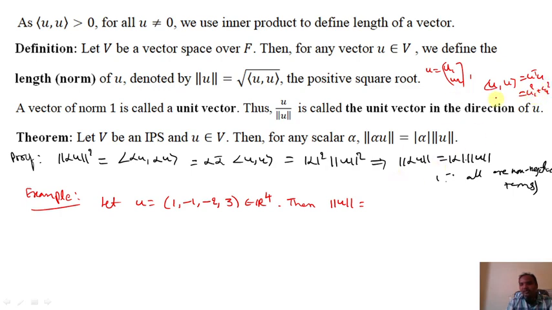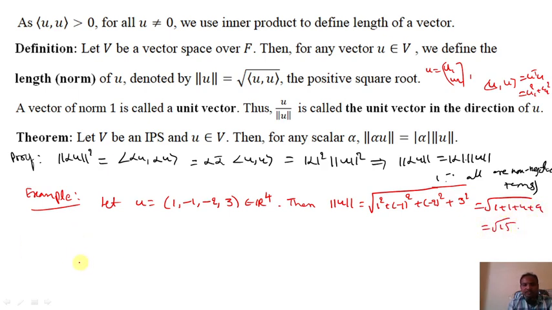But norm u means square root of this one. See, if it's not mentioned any inner product, that is the standard inner product. That means we get 1 square, plus minus 1 square, plus minus 2 square, plus 3 square. This is equal to the root of 1 plus 1 plus 4 plus 9. This is the root 15.